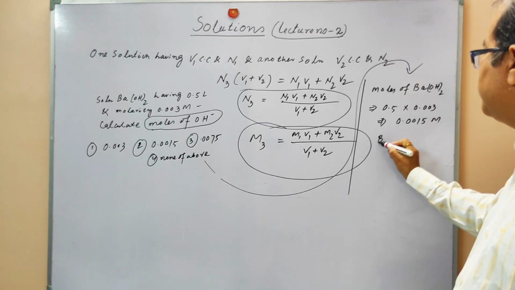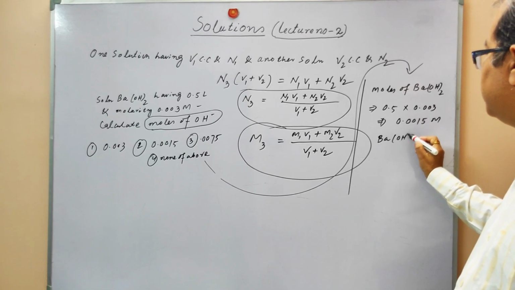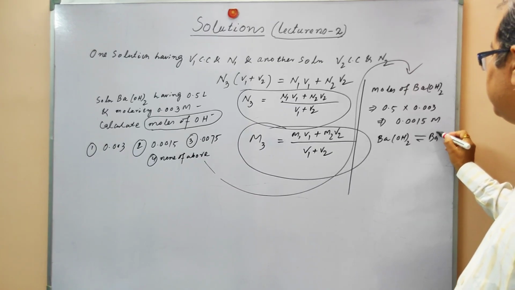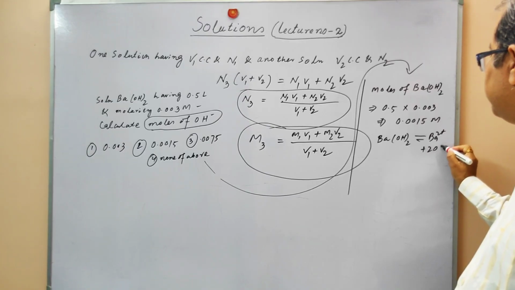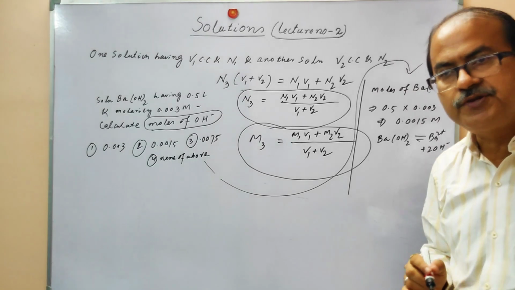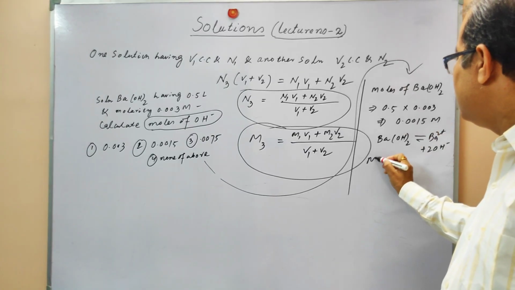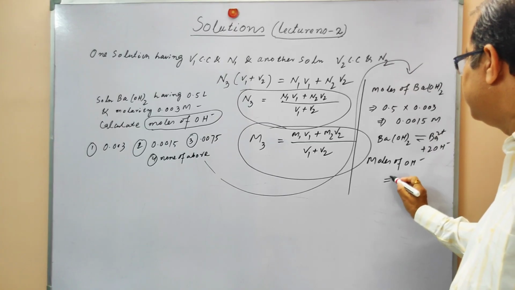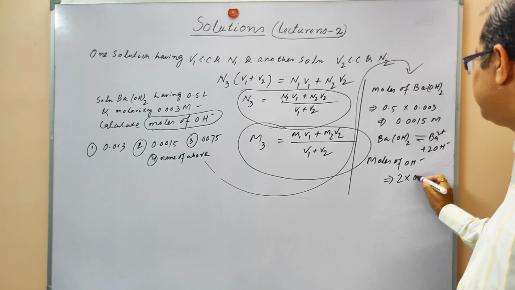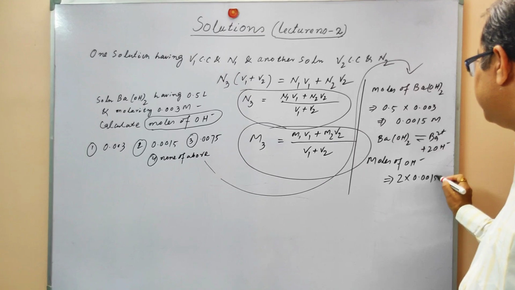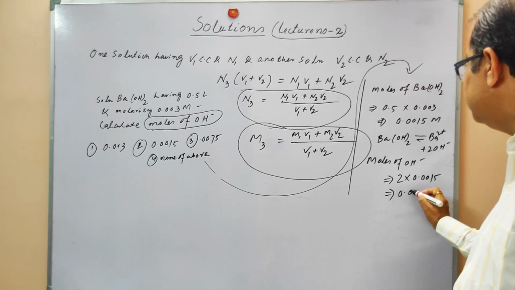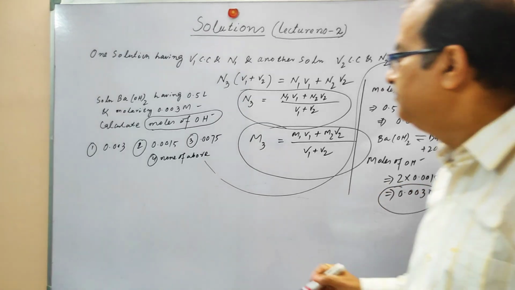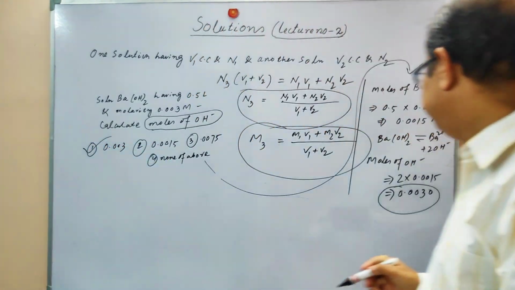And 1 mole of Ba(OH)2, barium hydroxide, will produce Ba2 plus and 2 moles of OH minus ion. From this reaction you can say that moles of OH minus will be 2 into 0.0015, and that comes to 0.0030. This will be the answer.